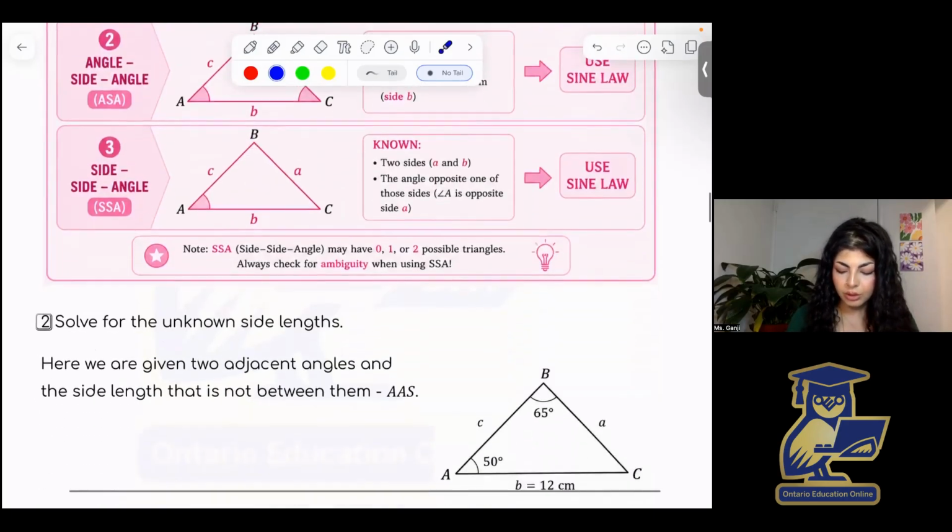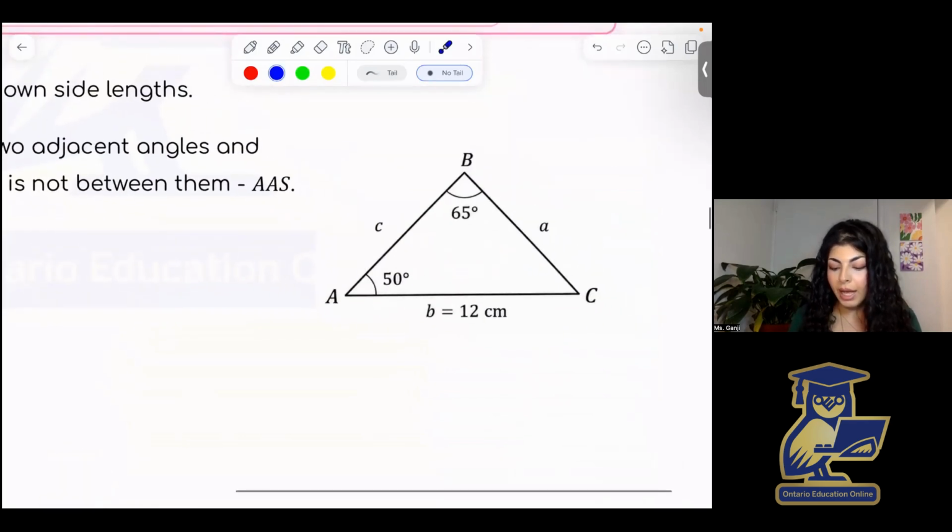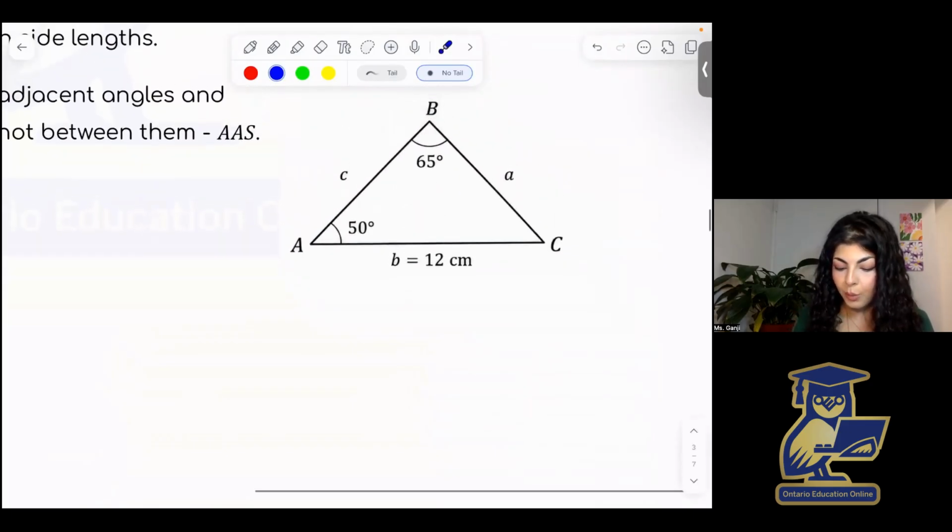So let's solve our first example. Here we are asked to solve for the unknown side lengths. Here we have two adjacent angles and the side length that is not between them. And again, remember, because I have these two, then I automatically have the third angle measurement as well.